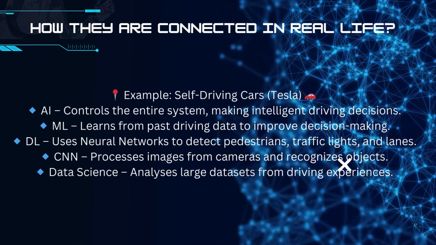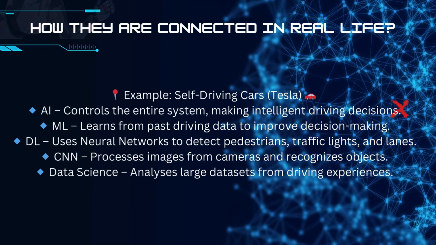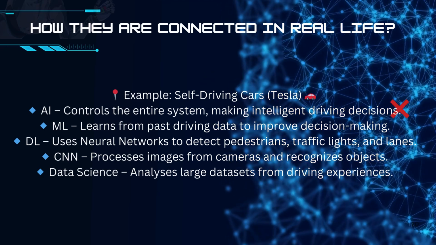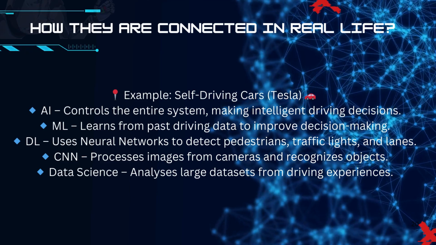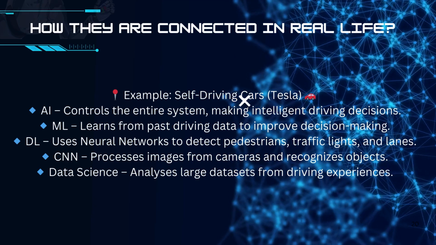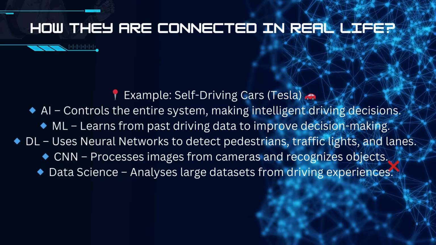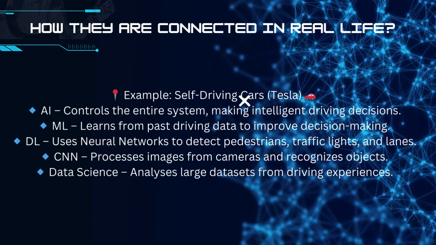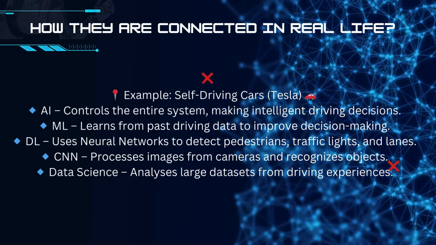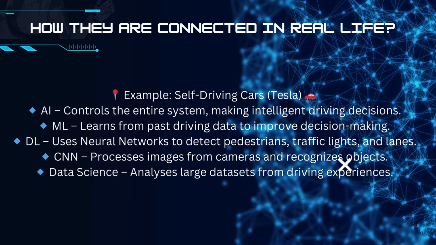DL recognizes objects like signals or lanes. CNN processes the road images from cameras to recognize the objects, and data science analyzes the driving behavior for safety improvements and a better driving experience.